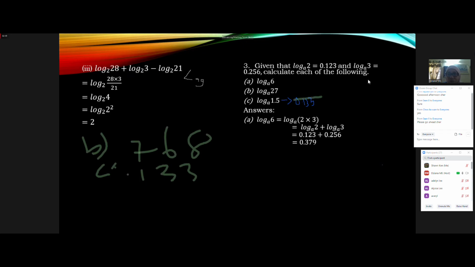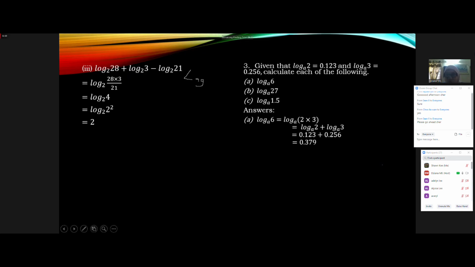All right, let's check. 27 is actually 3 to the power of 3, cubed. So I bring the 3 in front, and log a3 is 0.256, which is times, and 0.768, correct. For C, 1.5.